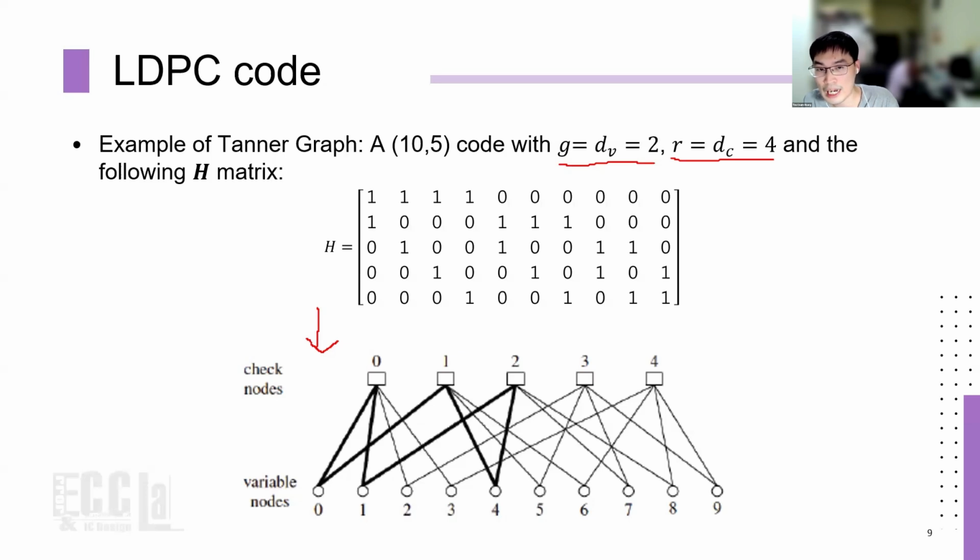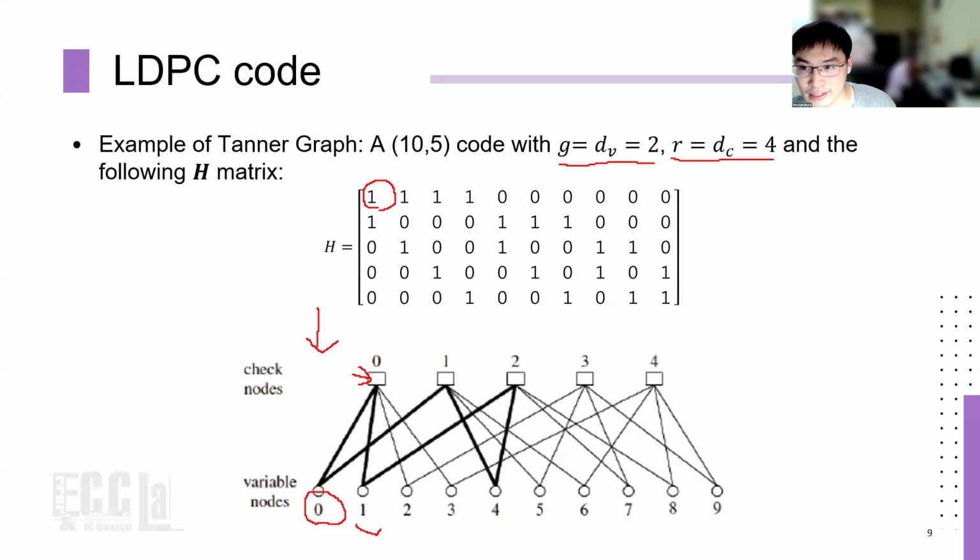The two types in a Tanner graph are the variable nodes, these circles, and the check nodes. Check node i is connected to variable node j whenever the element in H is 1.